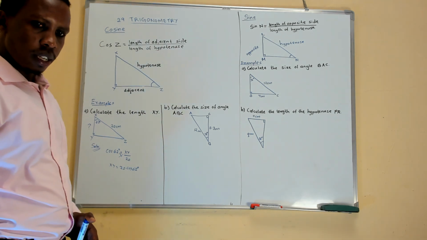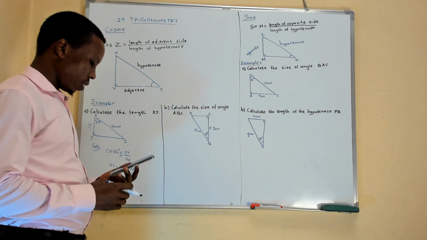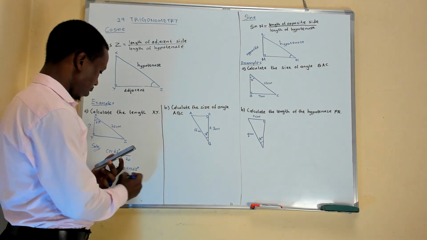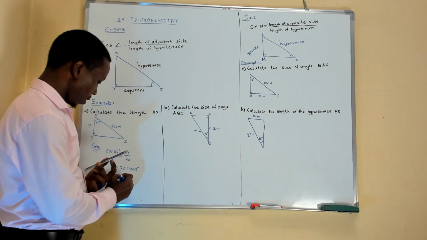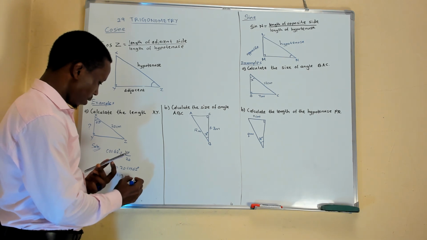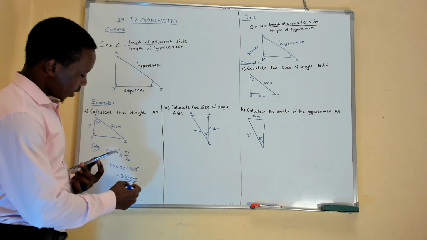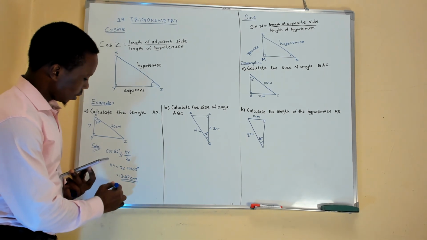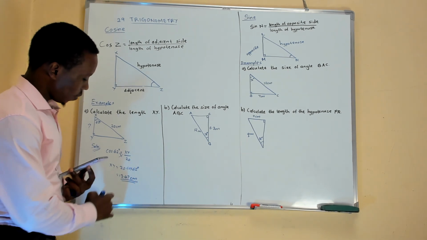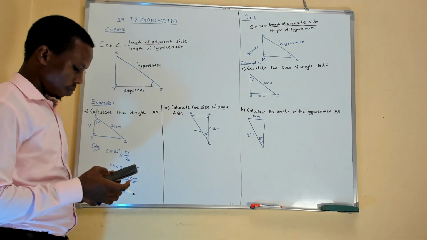So 20 cos 62 degrees is given as 13.47 centimeter. If I want to write this, I can give it to this significant figure. However, this is still okay. 2 decimal place.